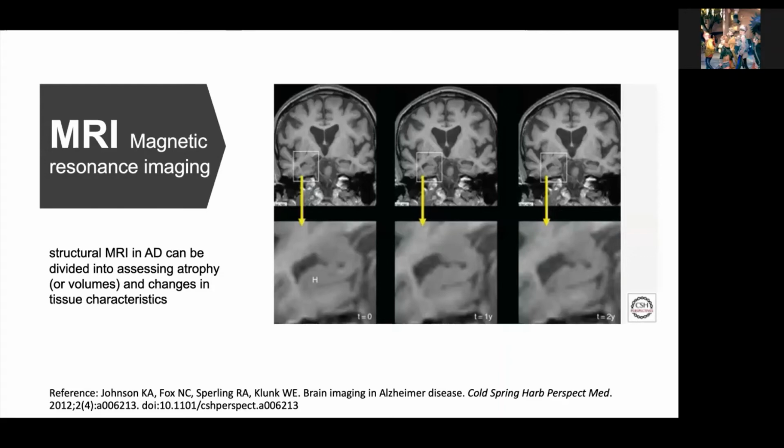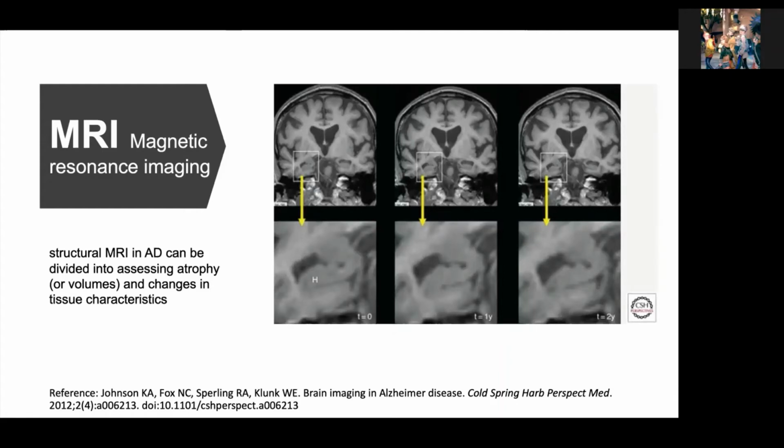After you get an MMSE test and you think, maybe you have AD, maybe you don't, maybe we want to do an MRI. This is typical MRI imaging, and structural MRI in AD can be used to measure the shrinking of the brain through the image.